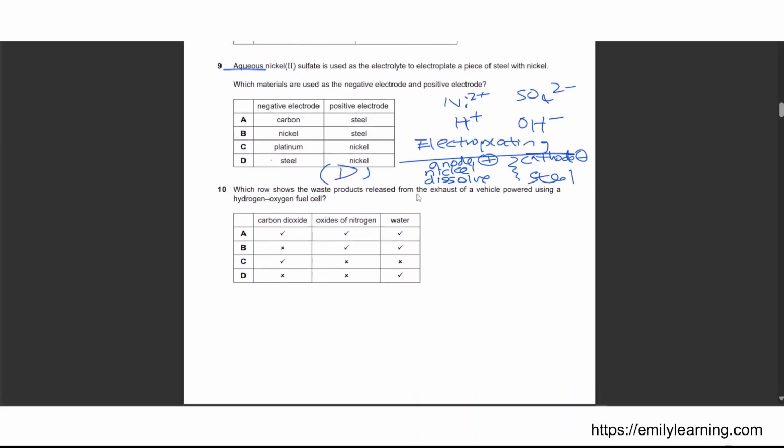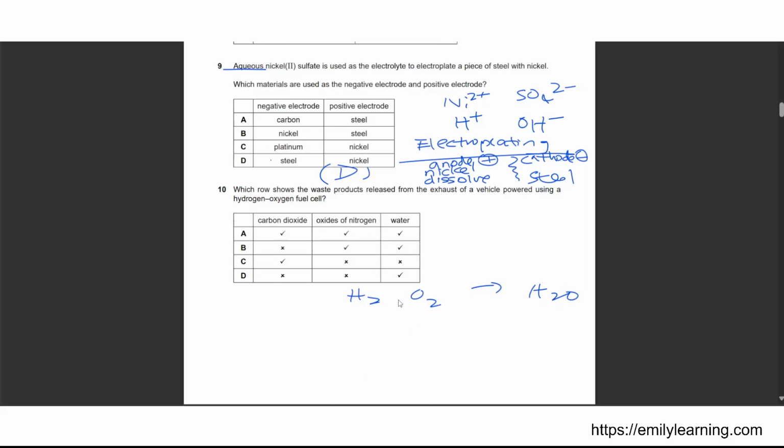Question 10. Which row shows the waste products released from the exhaust of a vehicle powered using a hydrogen-oxygen fuel cell? So they are asking for what are the waste products released. For the hydrogen-oxygen fuel cell, it's very clean, because your hydrogen and oxygen will form water.